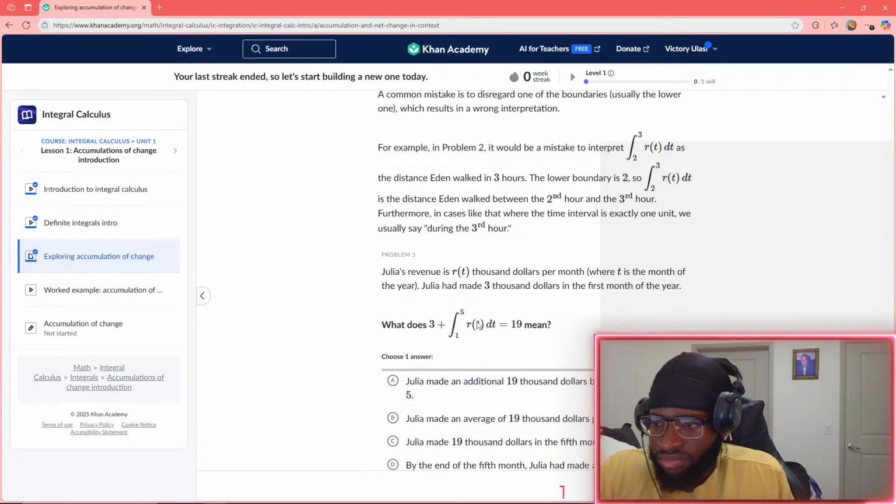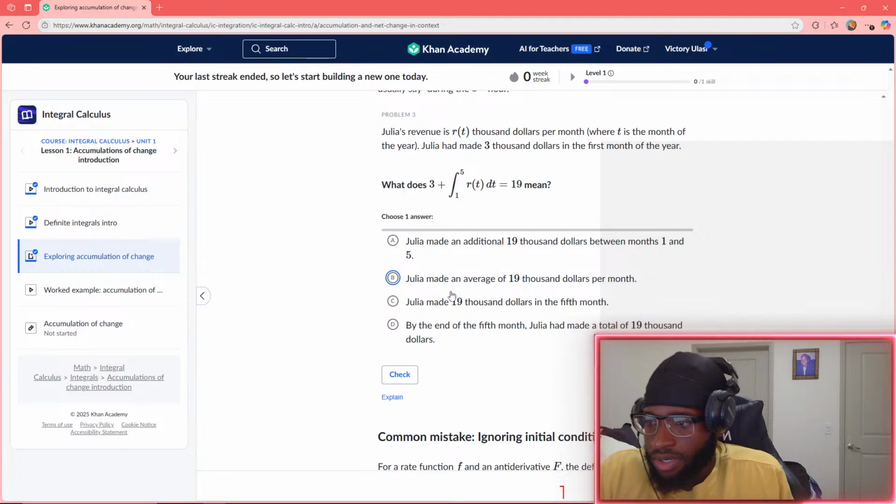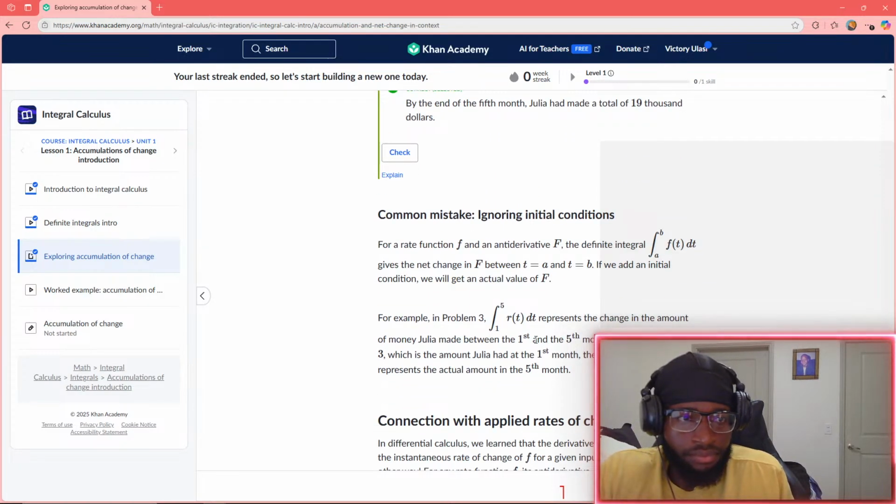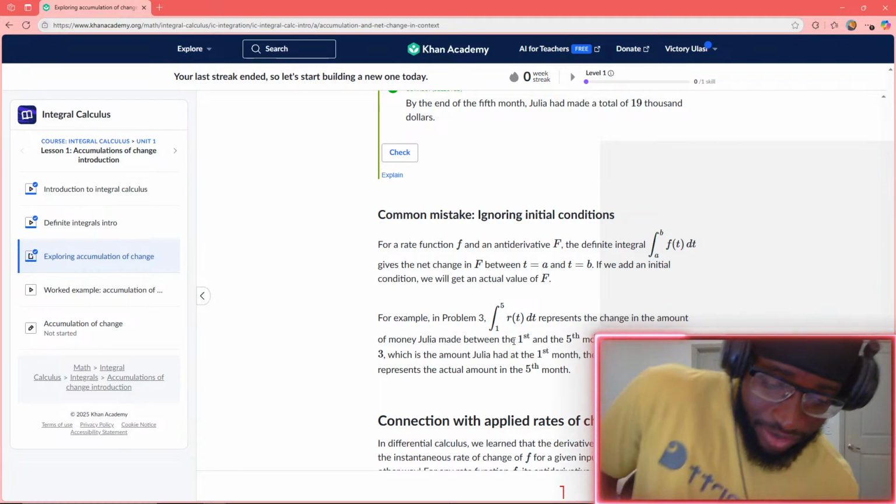She made $19,000 plus three. Oh, it's already added. So she made $19,000 from month one to month five. I wish I didn't live next to the pool. That's terrible.